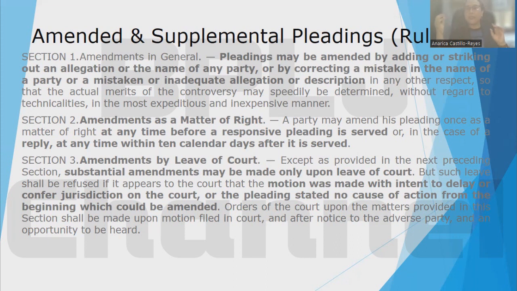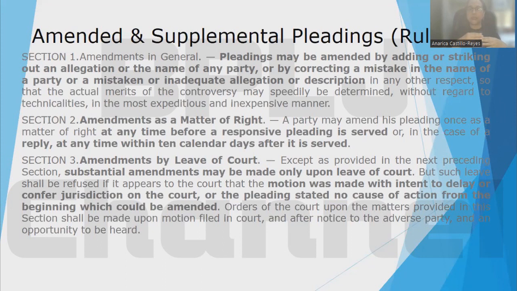So amendments, once the issues have already been joined, meaning once there is already a responsive pleading that was filed, becomes a matter of discretion upon the court. Permission from the court must first be obtained before one can amend your pleading. For example, an answer to the complaint has already been filed, and the plaintiff wants to amend his complaint.